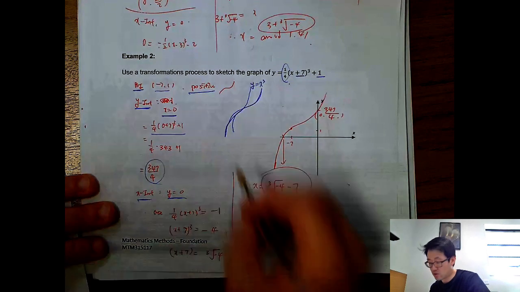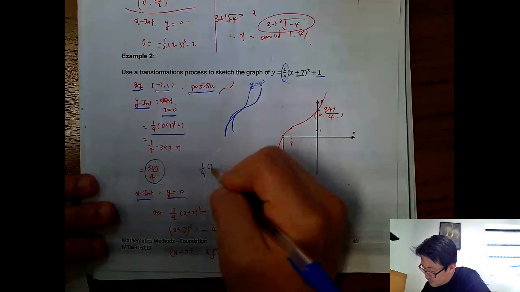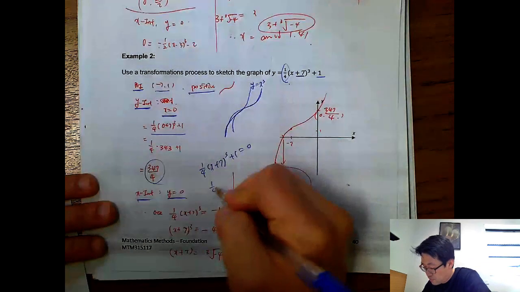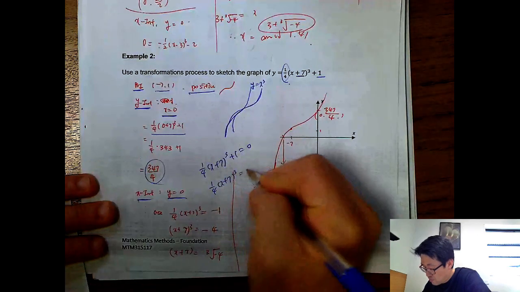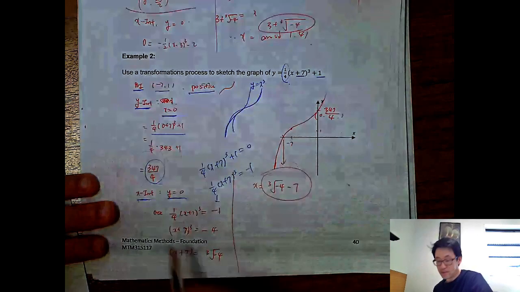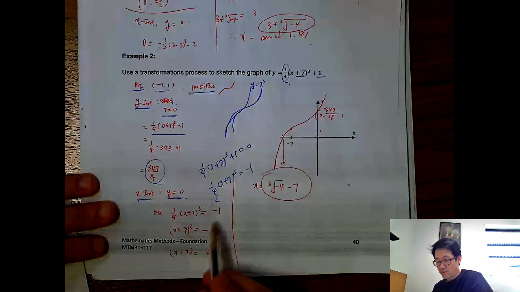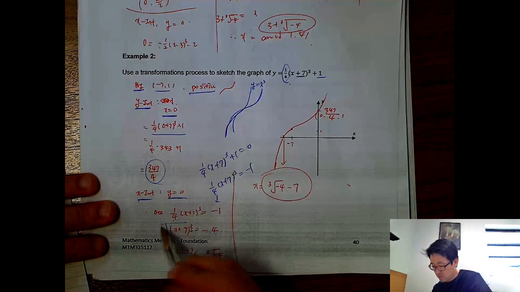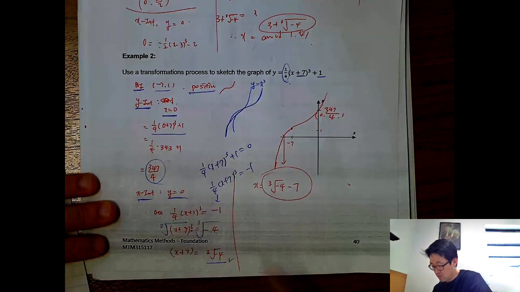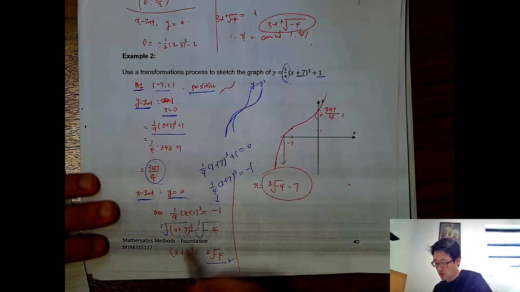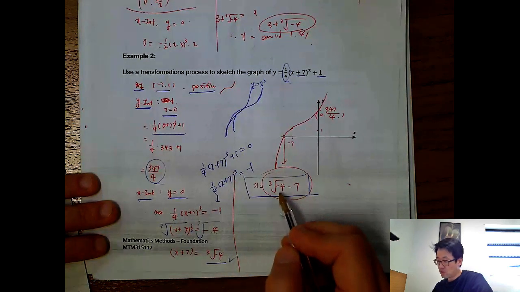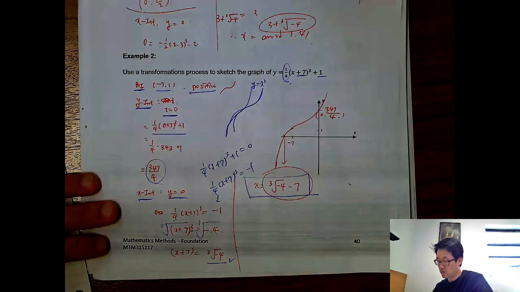I just did it at once. And then next, times 4 on both sides. Get rid of the cube, how? Cube root. And then minus 7. So x is cube root of -4 minus 7.